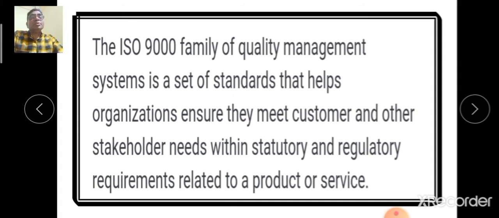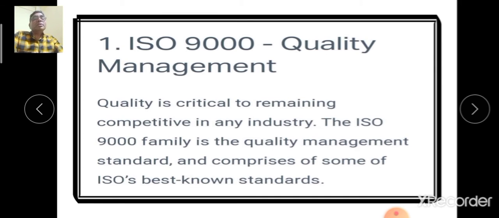Now the ISO 9000 family of quality management systems is a set of standards that helps organizations ensure they meet the customer and other stakeholders' needs within statutory and regulatory requirements related to a product or services. Now the ISO 9000 was about quality management.